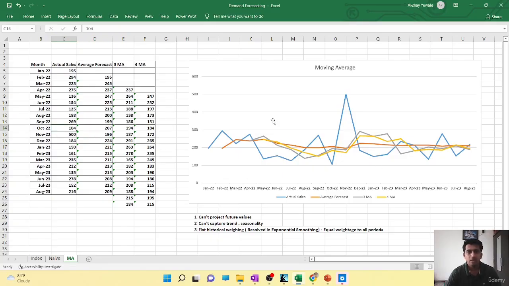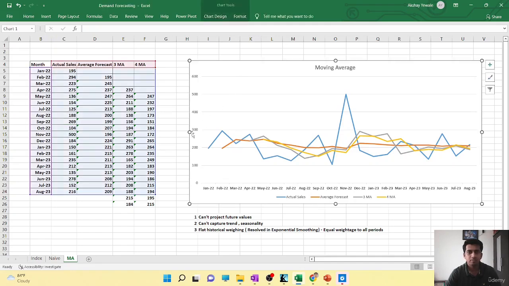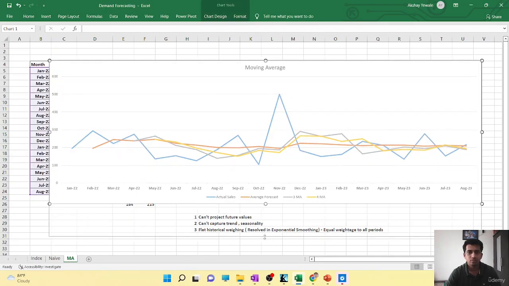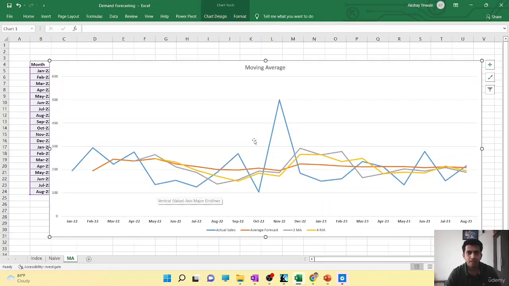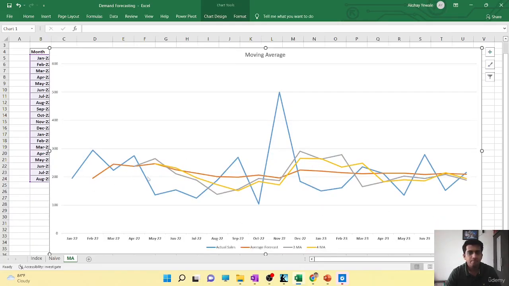In the graph as well, let me just make this graph bigger for you. Here the blue ones are the actuals, the actual sales data, and the average forecast is the orange line. The actual sales data has a lot of variation, and here is one of the outliers as well. The average forecast is the average of everything.